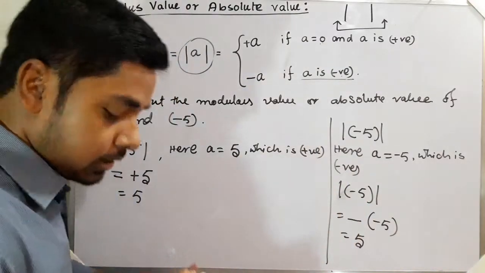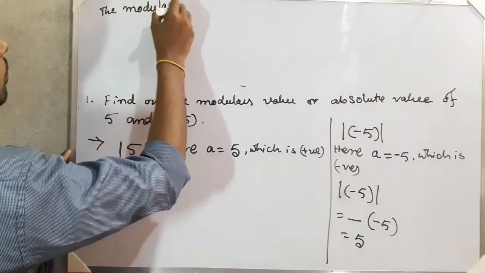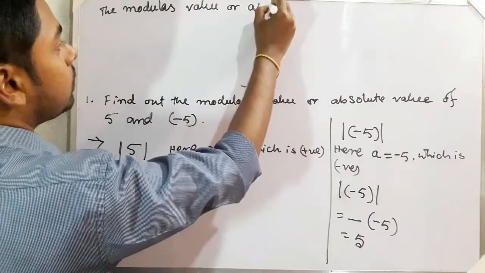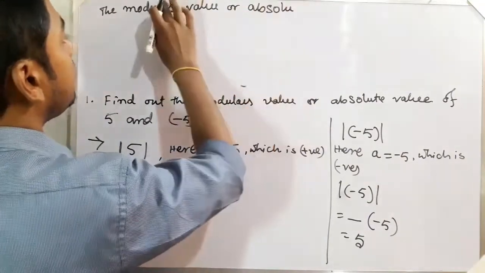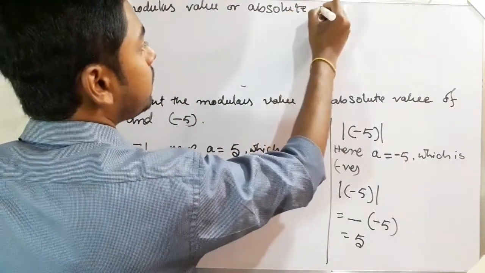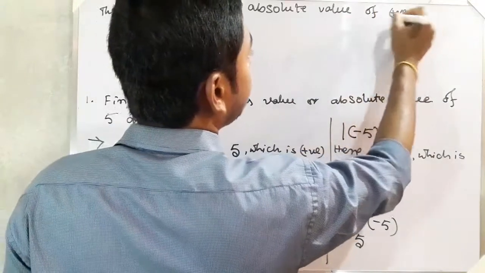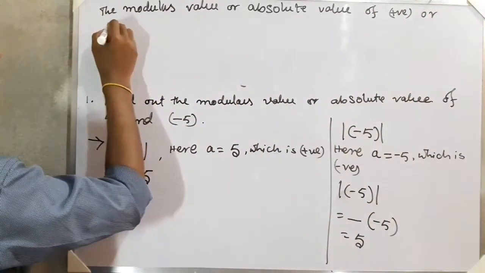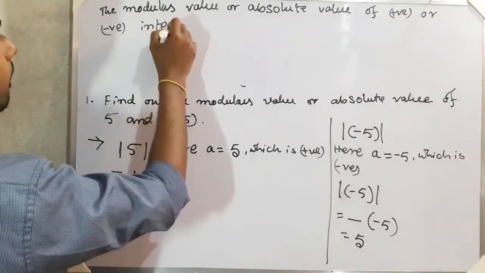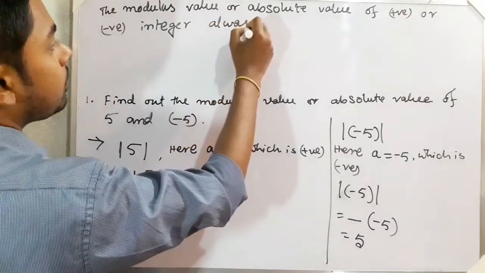We can conclude that the modulus value or absolute value of a positive or negative integer is always positive.